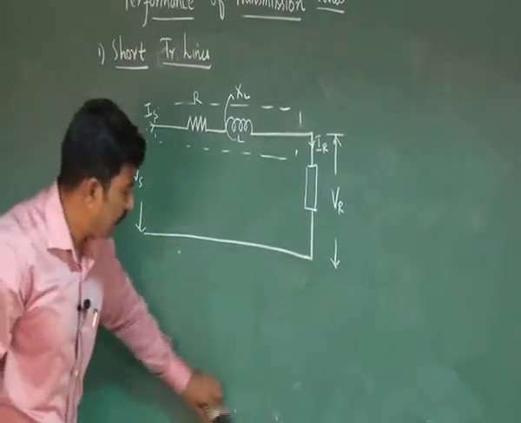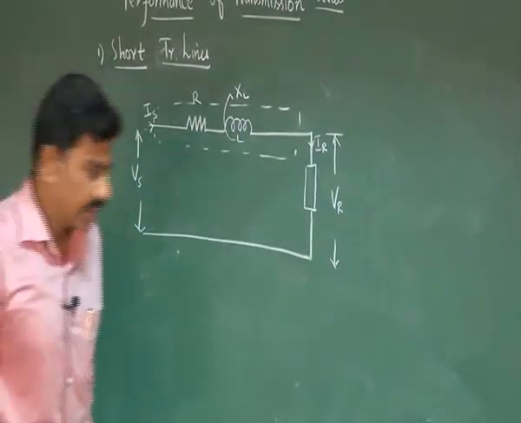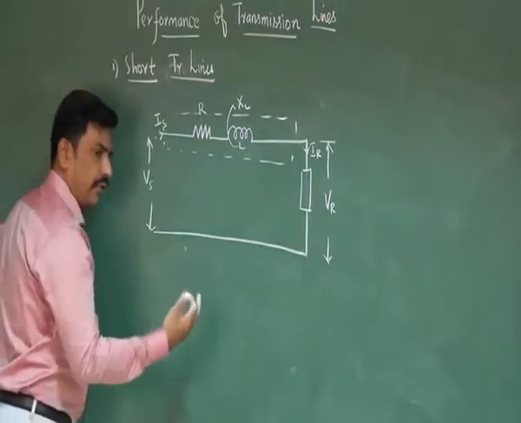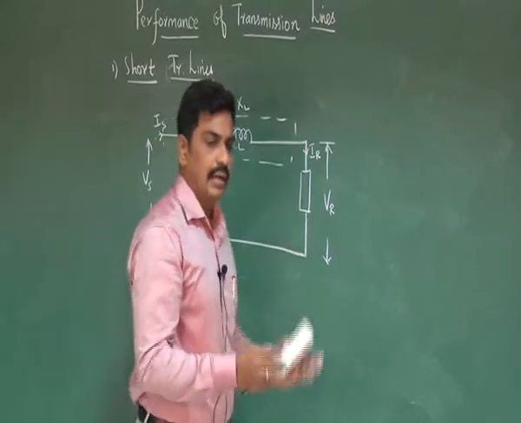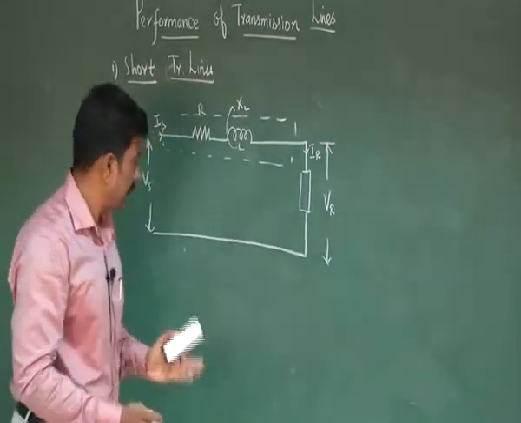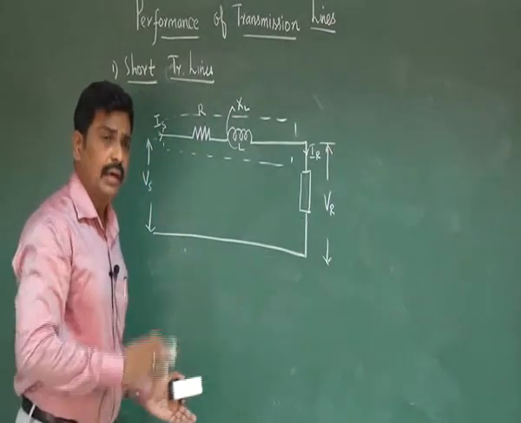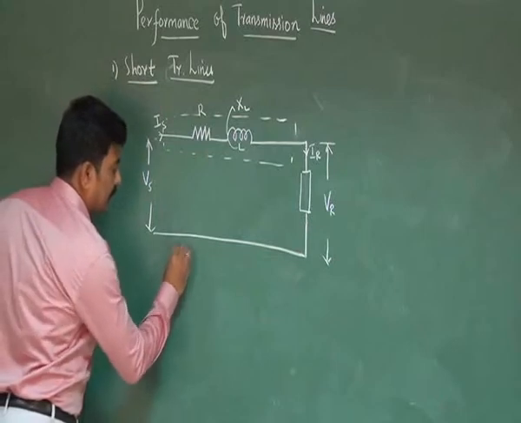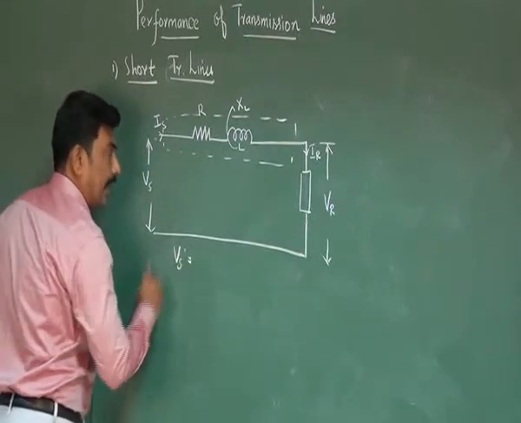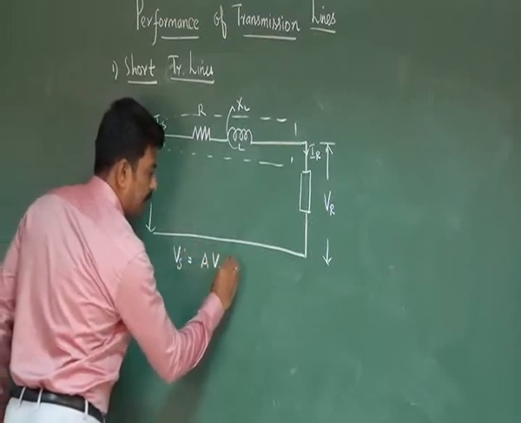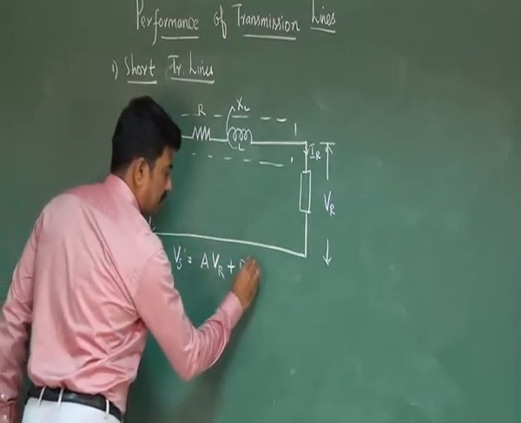Now let me start with the help of ABCD constants at first. Before going for any kind of analysis, let us try to understand the equations. Let us try to write the equations at first. That is, sending end voltage can be related in terms of receiving end parameters: VS is equal to A VR plus B IR.